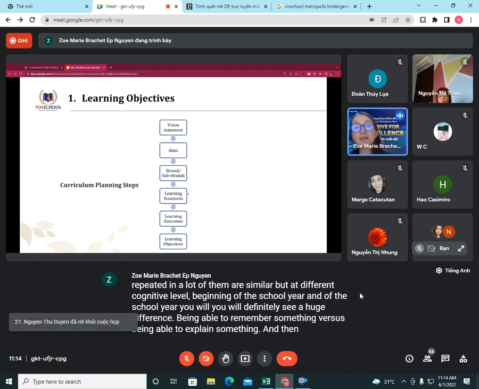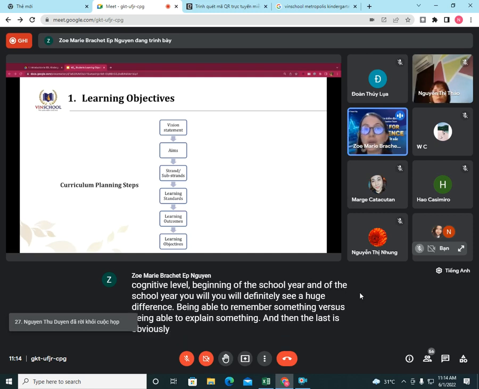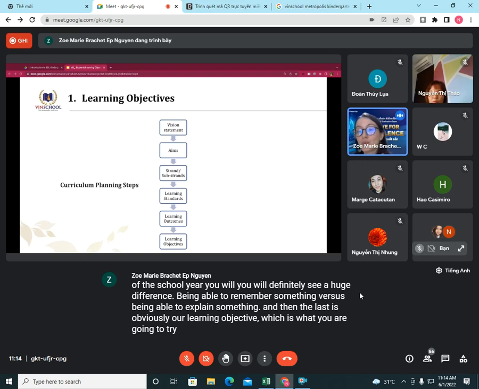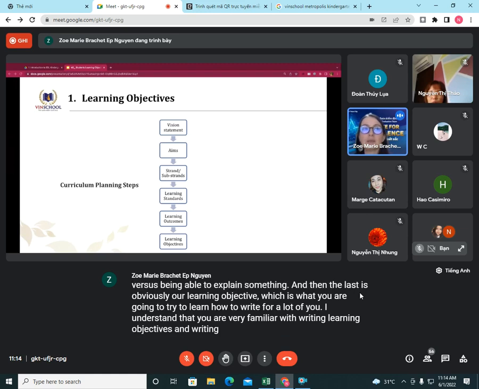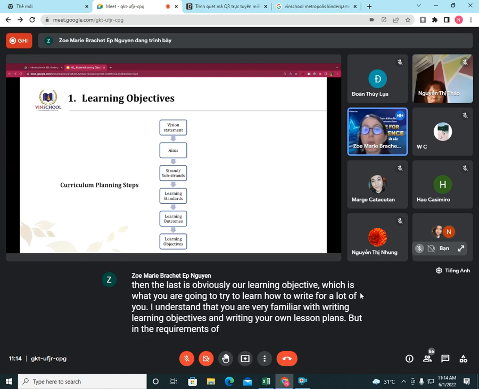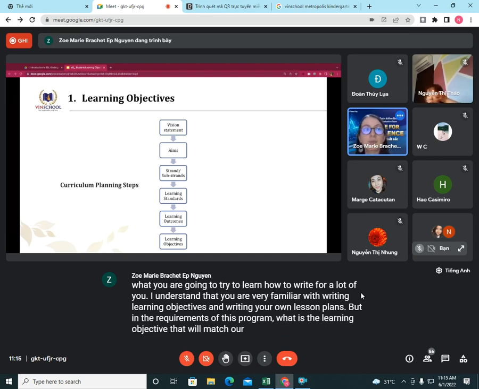And then the last is obviously our learning objective, which is what you are going to try to learn how to write. For a lot of you, I understand that you're very familiar with writing learning objectives and writing your own lesson plans. But in the requirements of this program, what is the learning objective that will match our expectations?